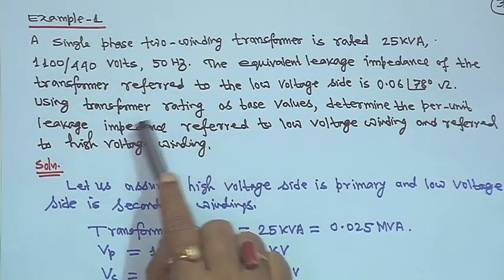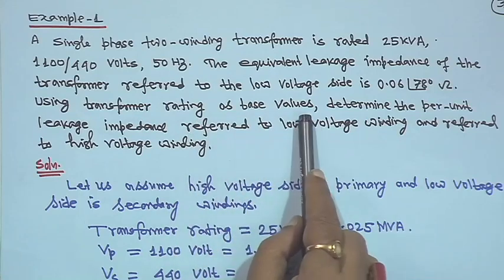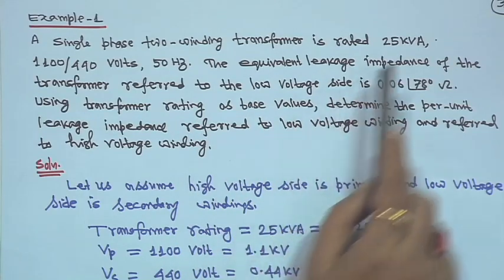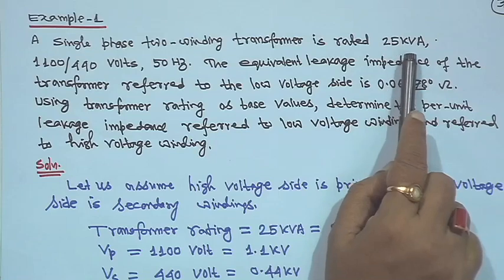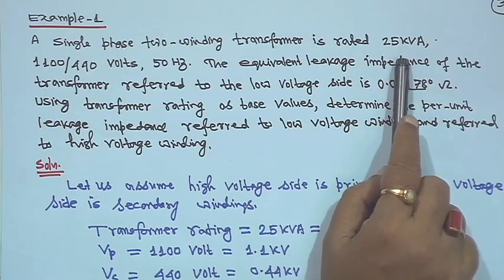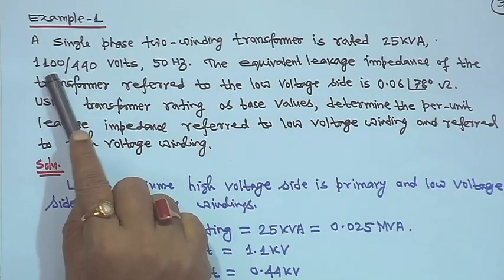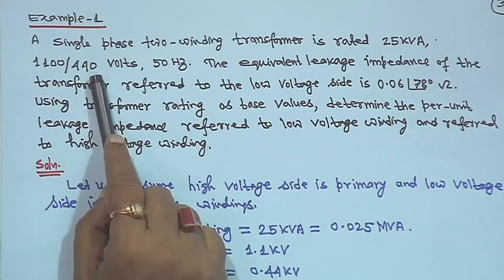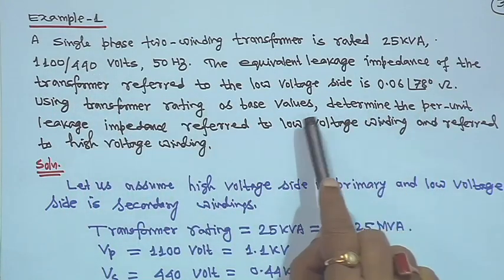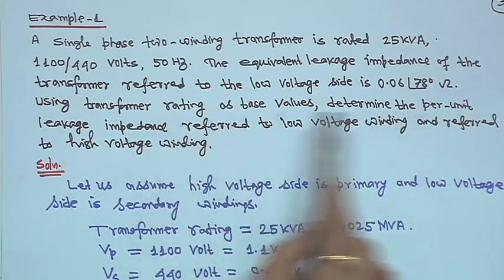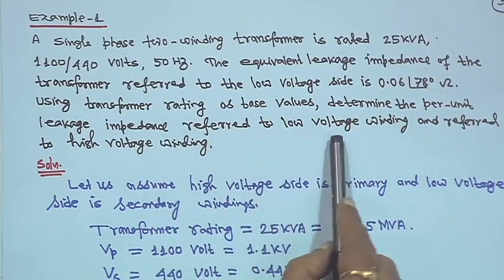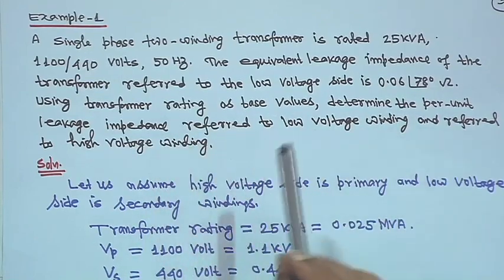Now, using the transformer rating as base values, that means 25 kVA base kVA, primary side 1100 and secondary side 440, determine the per unit leakage impedance referred to the low voltage winding and referred to the high voltage winding.